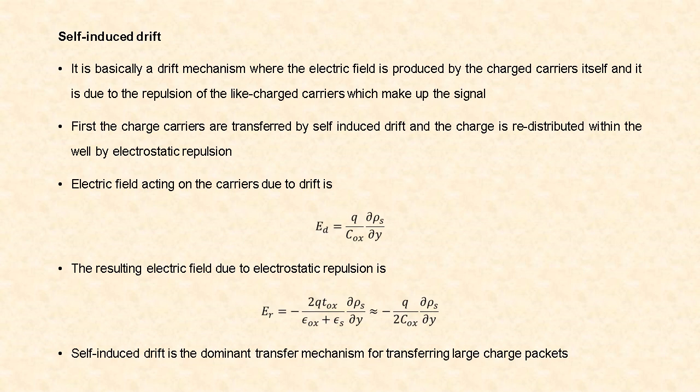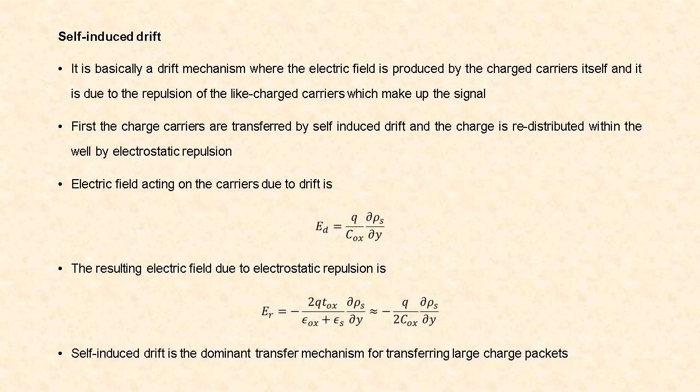The electric field due to electrostatic repulsion is given by E_R = -(2q t_ox/(ε_ox + ε_S))(∂ρ_S/∂y), which is approximately equal to -(q/2C_ox)(∂ρ_S/∂y).